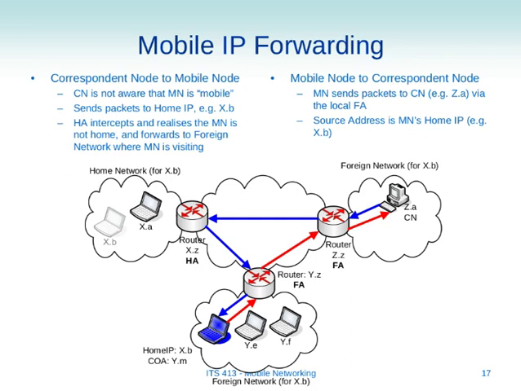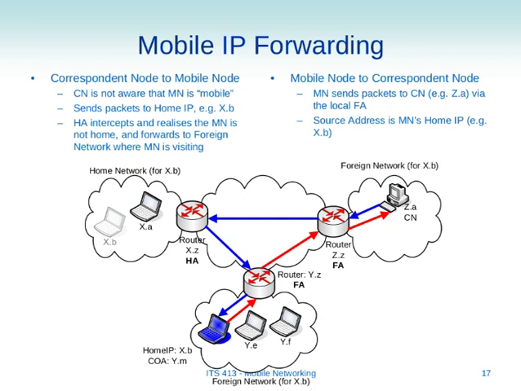Whereas in the opposite direction, when the mobile node is sending to the correspondent node, it can send to the local router and then deliver direct across the least cost path in the internet to subnet Z. We don't need to go through the home agent for the opposite direction, because the destination address when this one sends a datagram is Z.A. It doesn't matter that our source address is different from where we originally were.